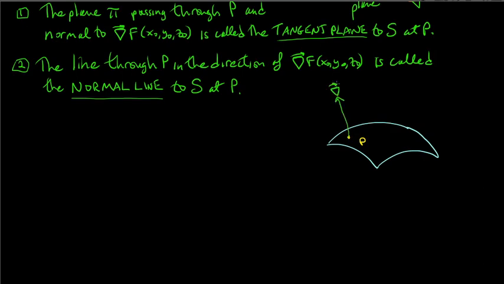So this is the gradient of capital F at the point P at x0, y0, z0. And now the tangent plane will be perpendicular to that. So something like this, just touching at the point P here. Okay, so that's the tangent plane. And then the normal line will be pointing basically along the vector.